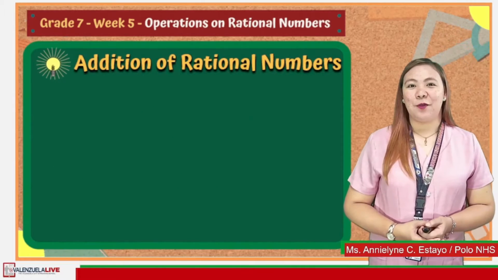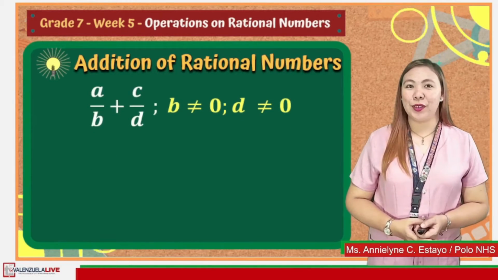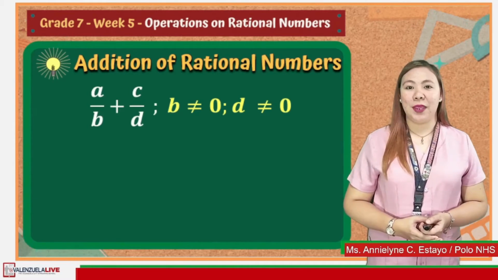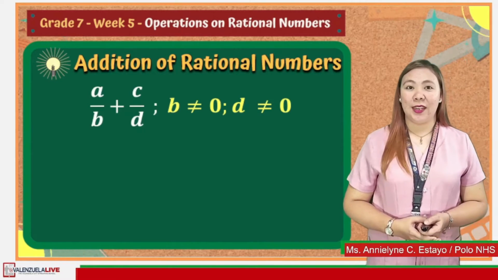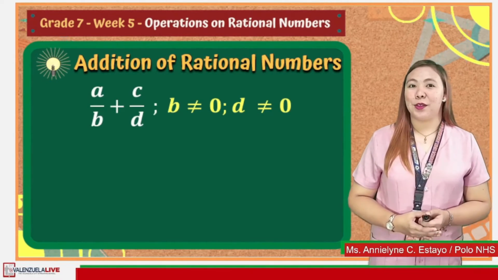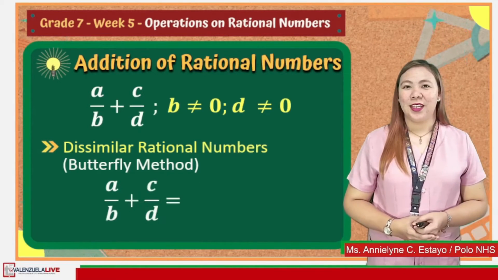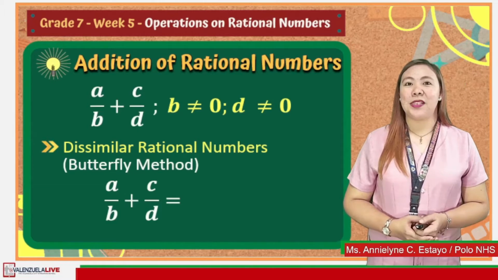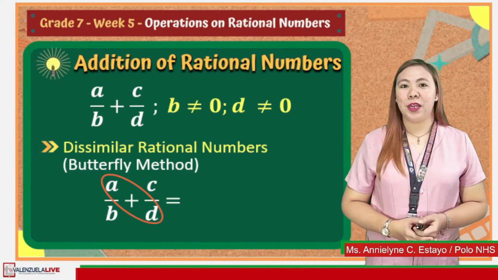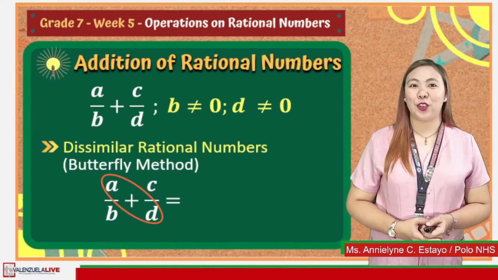But if we are given two rational numbers with different denominators, or known as dissimilar fractions, a over b plus c over d, where b is not equal to 0 and d is not equal to 0, we can use the butterfly method. So a over b plus c over d, first, multiply the numerator of the first fraction to the denominator of the second fraction.